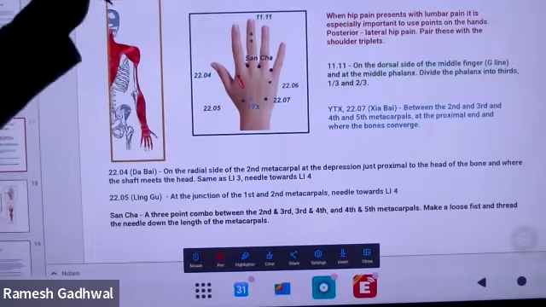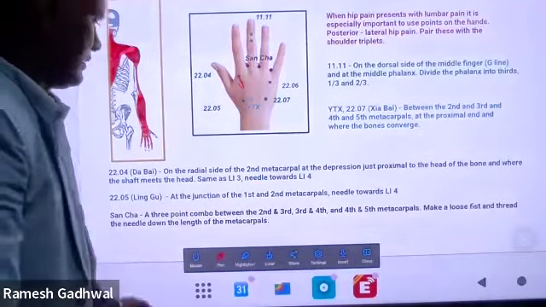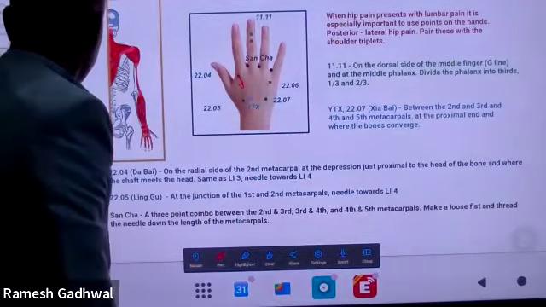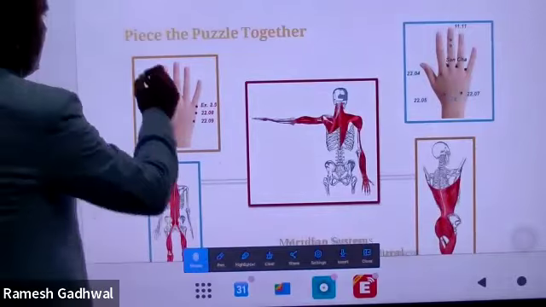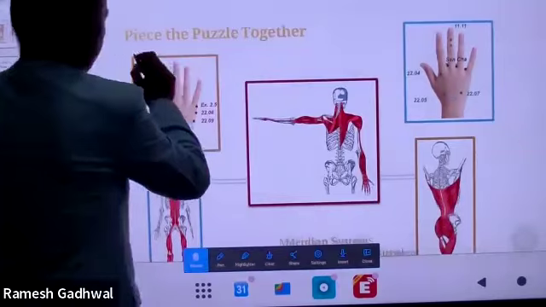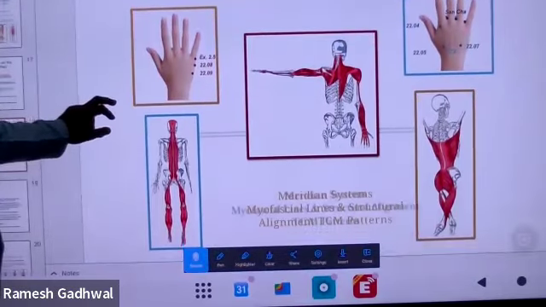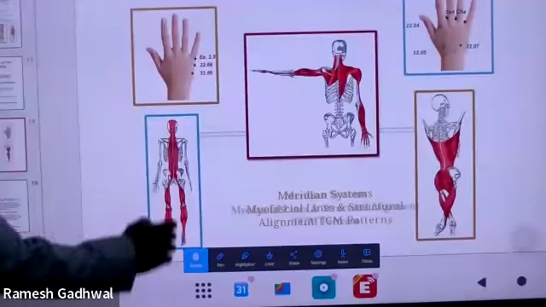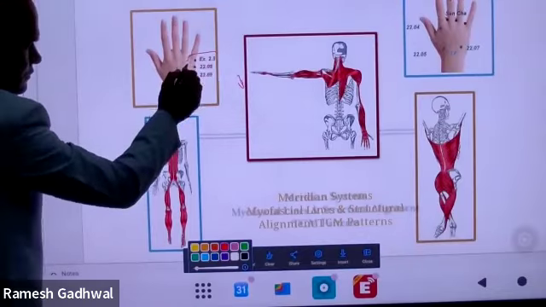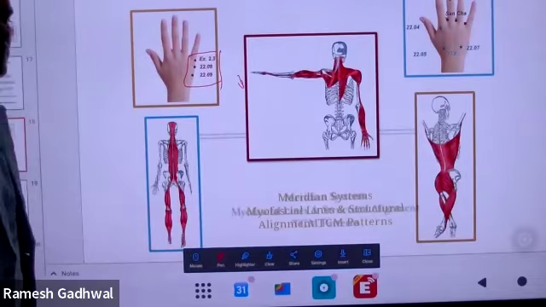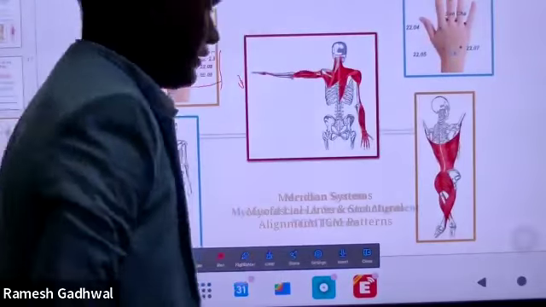Make a loose fist and thread the needles down the length of the metacarpal. So here are the points. These are also very good points for treating lumbar pain, when it is going on the posterior side, not the anterior side.